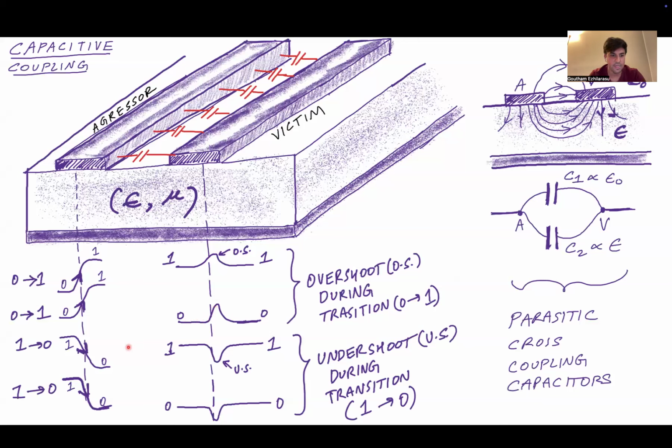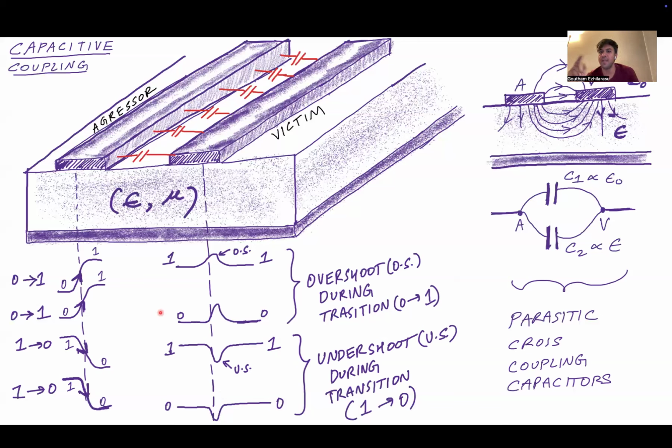Similarly, you have the reverse case when the aggressor goes from 1 to 0. If the victim was originally at 1, it is going to be pulled down a little bit. The voltage is going to go down, and then it is going to charge back up again to 1. And similarly, when the signal at the victim was 0 and the aggressor was going from 1 to 0, the signal is going to be pulled down below 0 a little bit, and then it's going to go back to 0.